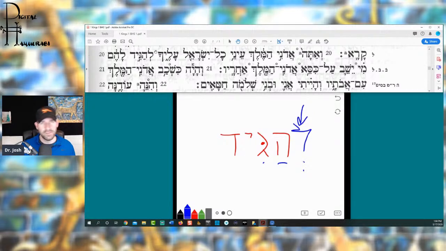So la plus a verb, to tell, to report. So this is an infinitive construct. If you were to parse this, you'd say it's a Hifil infinitive construct from nun, gimel, dalet, or nagad. And nagad means to tell.